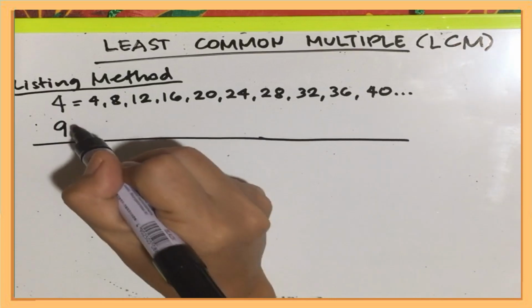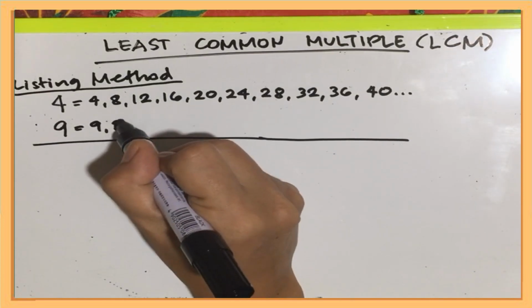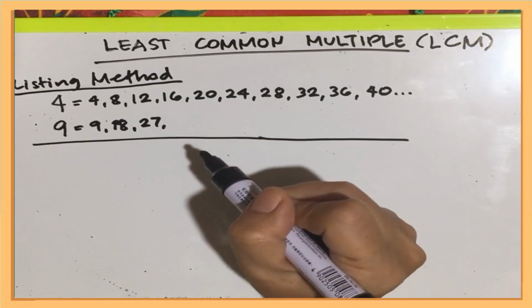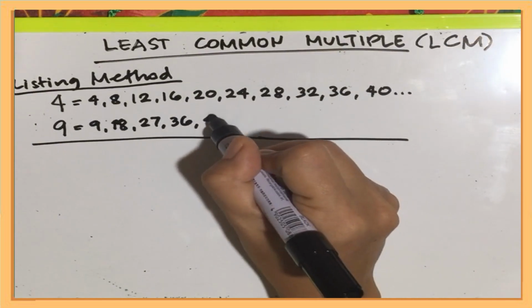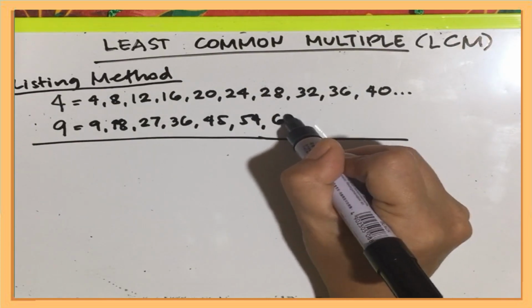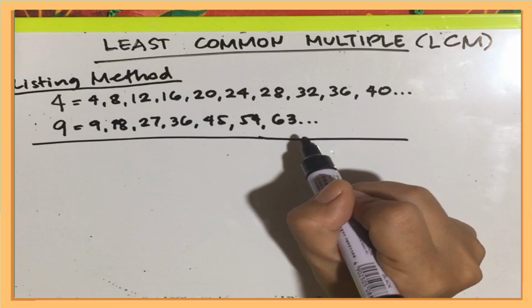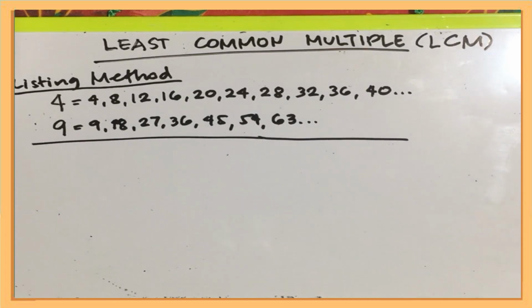For 9, we have 9 times 1 is 9, 9 times 2 is 18, 9 times 3 is 27, and we can also skip count: 36, 45, 54, 63, and so on. Why do I have to put 3 dots here? It means that there are infinite multiples of a number.